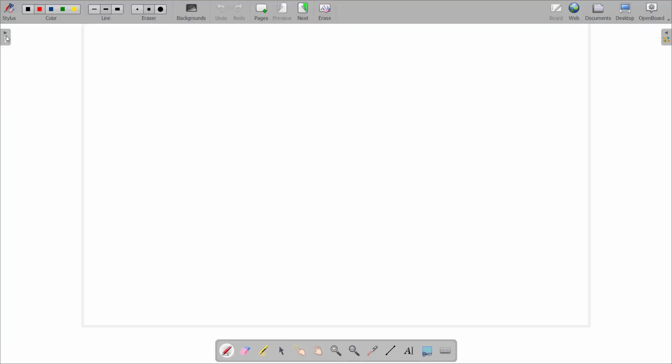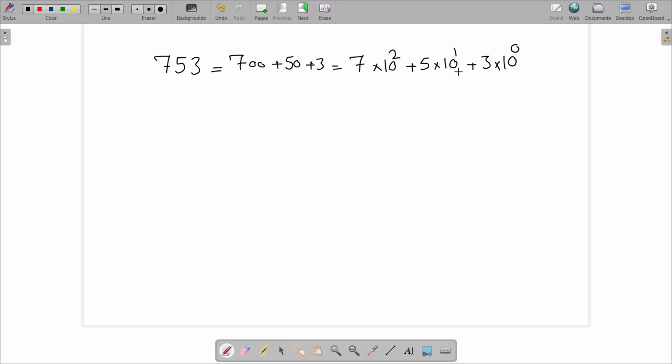For example, if we have 753, we have learned that we can rewrite or expand this number in this form: 7 multiplying by 10 to the power of 2 plus 5 multiplying by 10 to the power of 1 plus 3 multiplying by 10 to the power of 0.